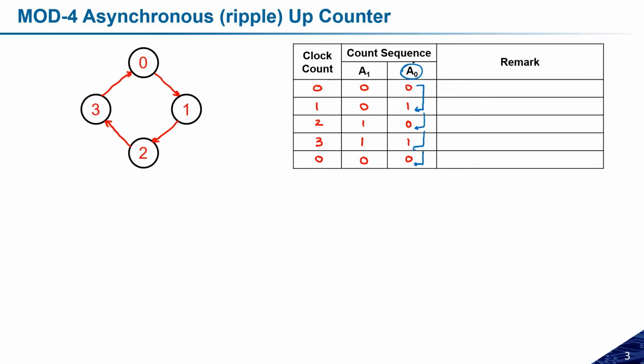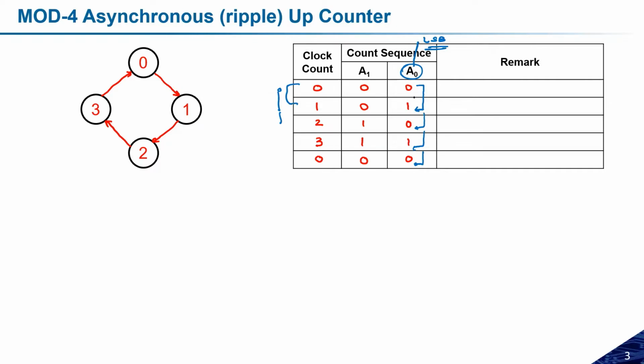A0 is changing for each clock pulse, meaning if I'm moving from 0 to 1, 1 to 2, 2 to 3, every time A0 is changing. What does it mean? It means that it is indicating the least significant bit. A0 is the least significant bit because at each clock the A0 is changing its state.